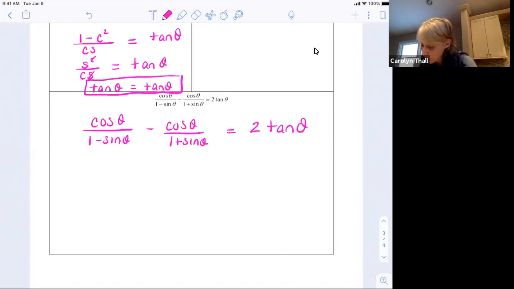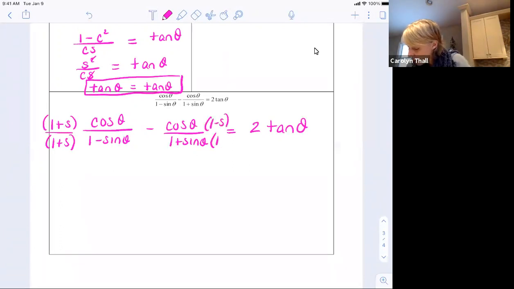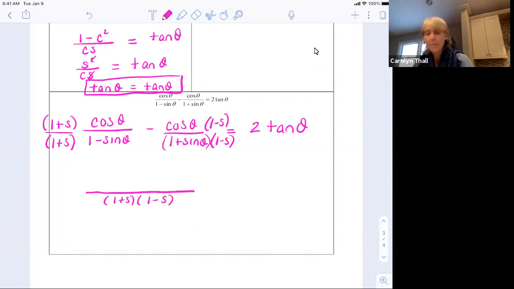So I'm going to have to multiply by 1 plus sine over 1 plus sine, and 1 minus sine over 1 minus sine. Now remember, when we do this, our denominator is going to become 1 plus sine times 1 minus sine. And I'm not going to worry about that right now. I'm going to see if I need it in the future.